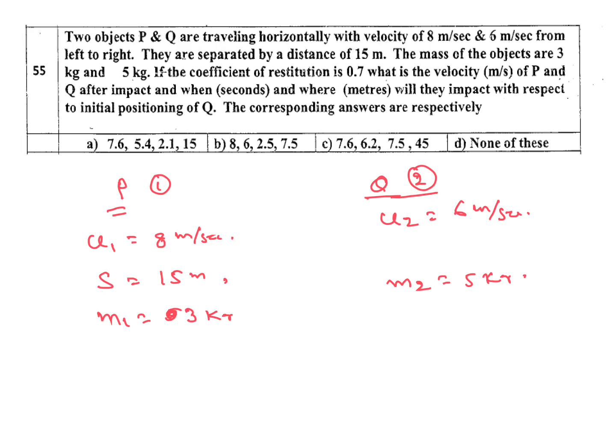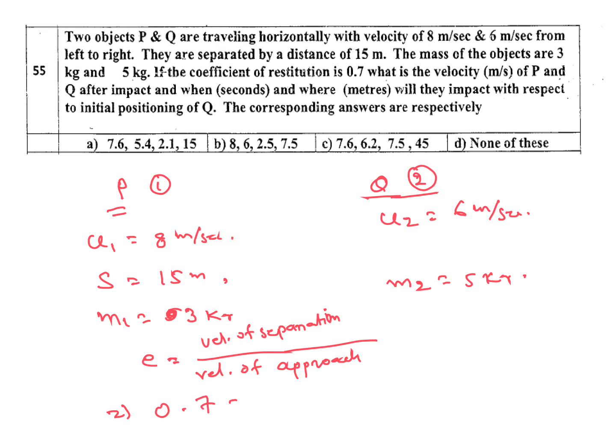Coefficient of restitution E. E is velocity of separation divided by velocity of approach. So E value given 0.7 equals velocity of separation over velocity of approach. Velocity of approach is U1 minus U2, velocity of separation is V2 minus V1.